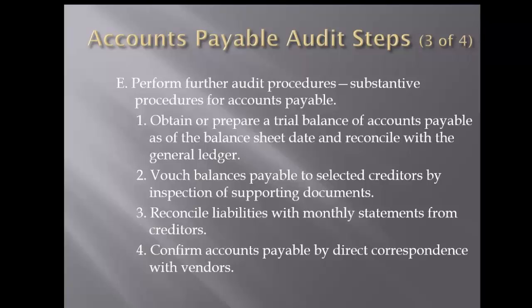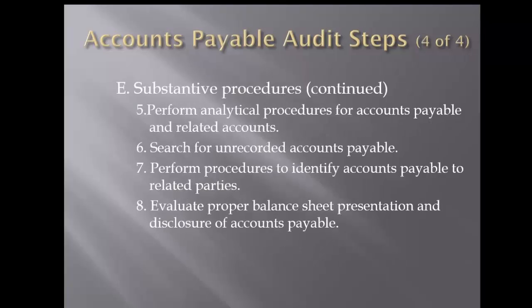Confirm accounts payable directly with the vendors. When we use the word confirmation, confirmation is always a substantive procedure, and in this case what we're doing is going outside the organization and vouching this information from the outside party. So the last time we talked about confirmations of accounts receivable, here we're talking about confirmations of accounts payable.